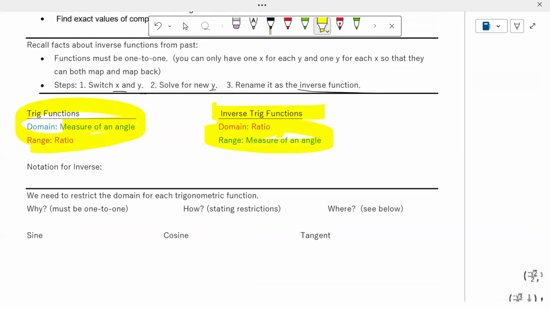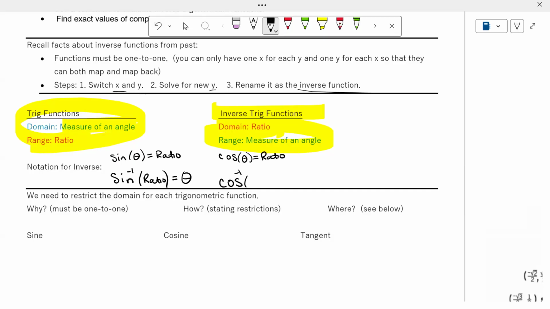Okay, notationally, sine, in would go an angle, out would come a ratio. An inverse, in will go a ratio, out will come the angle. Okay, very similarly for cosine and tangent and the reciprocals, I'll just lay out a couple of them here. Cosine, in with an angle, out with a ratio.